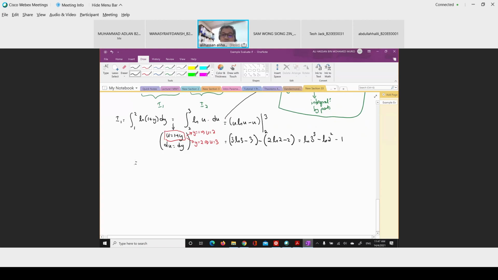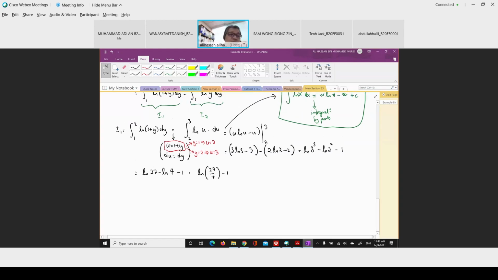So ln 27 minus ln 4 minus 1. And this can also be written as ln 27 over 4 minus 1, using the laws of logarithm. So that's for the first integral I1.